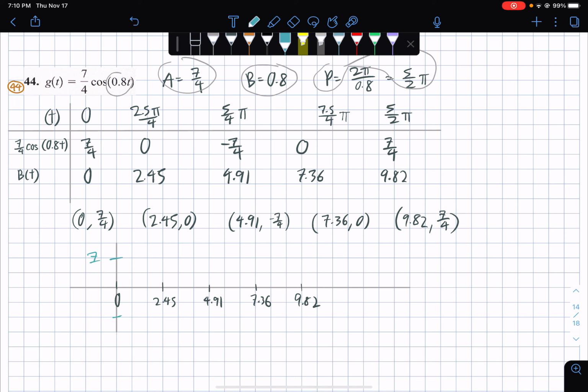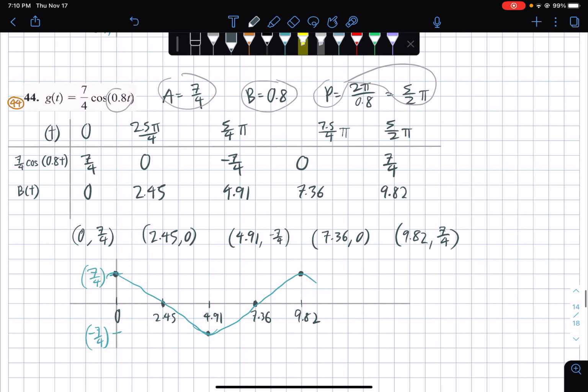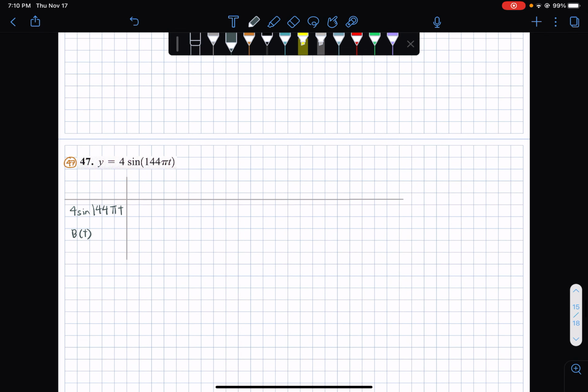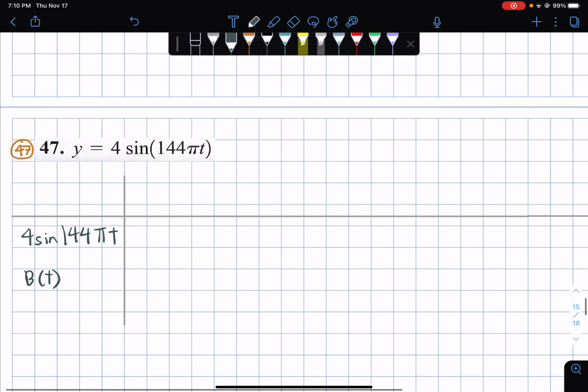We have 7 over 4 here, negative 7 over 4 there. Plot the points. So make the graph. Okay, that's number 44. Let's move to number 47. Apparently I skipped 45 and 46. Yeah, let's go with number 47.